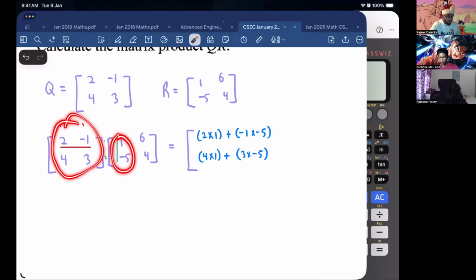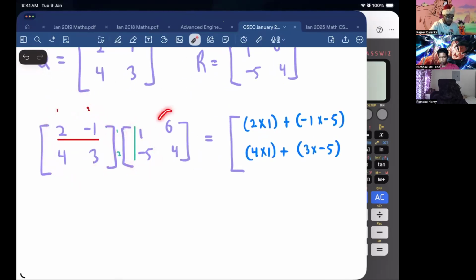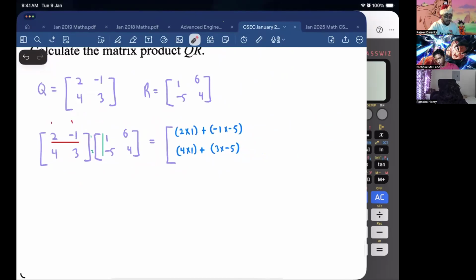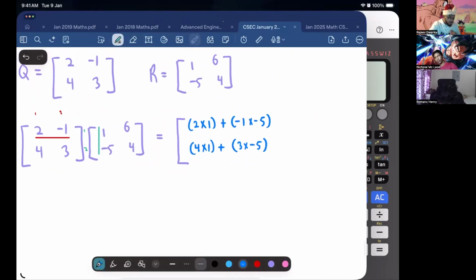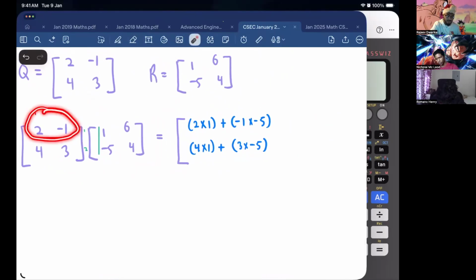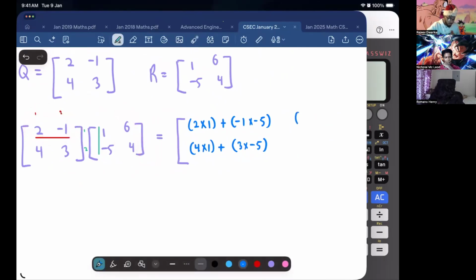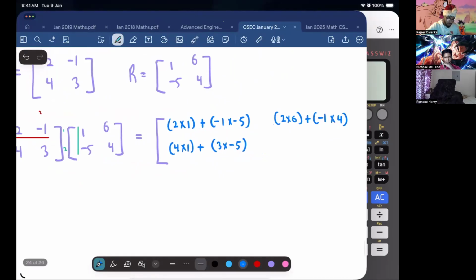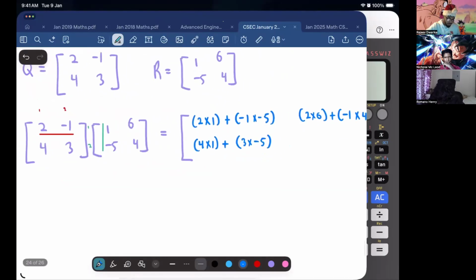Now you're going to do the same procedure with 6 and -4. What is the first element here? 2. What's the first element here? 6. So we're going to say 2 by 6, add -1 by 4. Perfect. Then take the 4 and 3 and repeat the same process: 4 by 6 and 3 by 4.